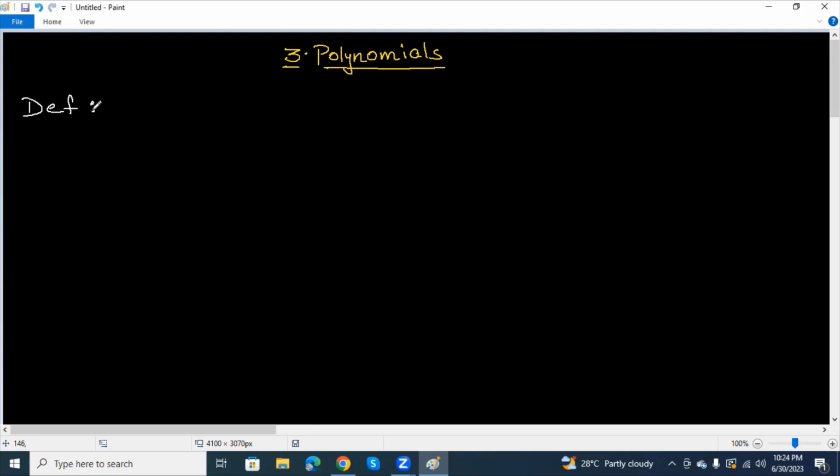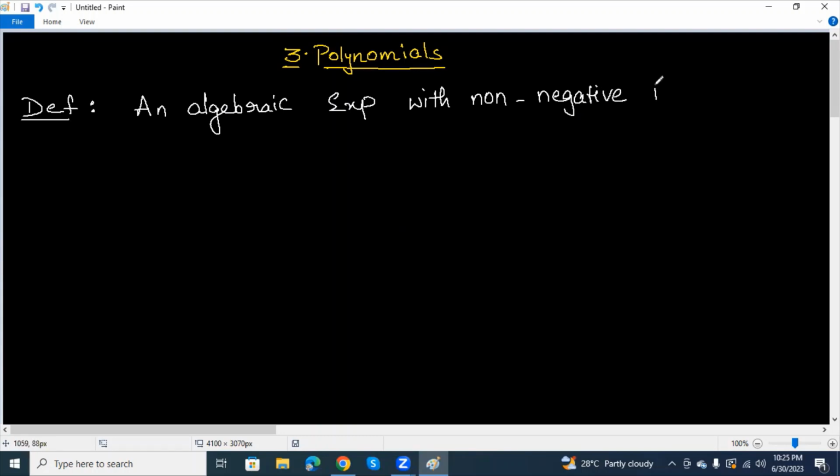Definition: An algebraic expression with non-negative integral powers is called a polynomial.